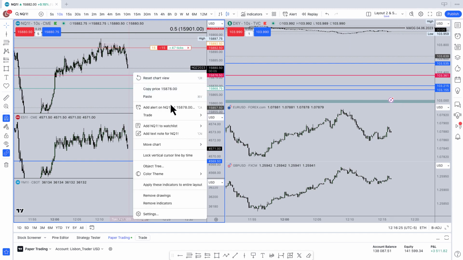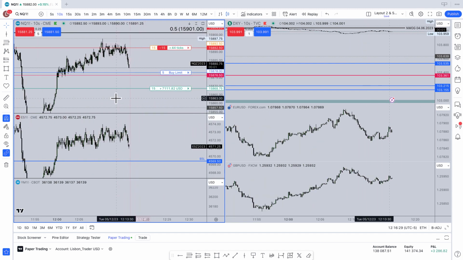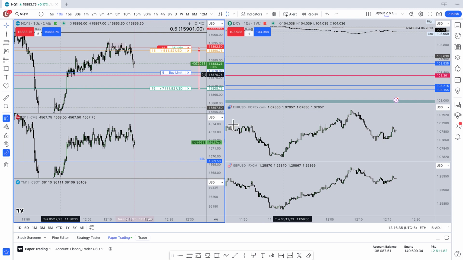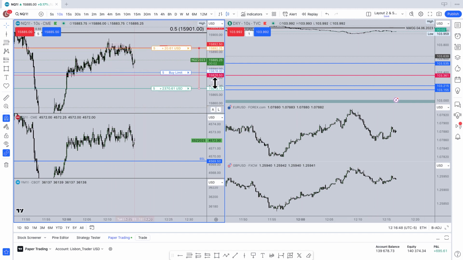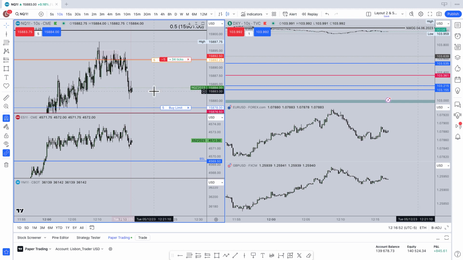So take some partial here. $140. So 139.